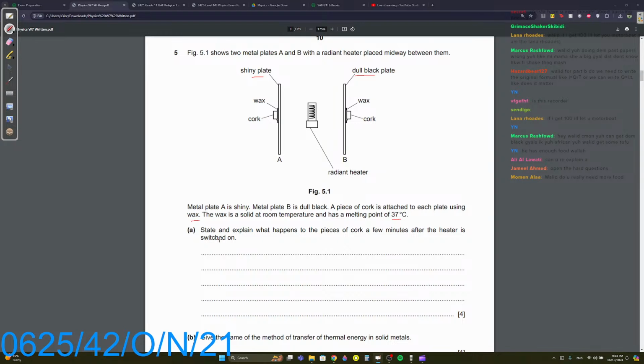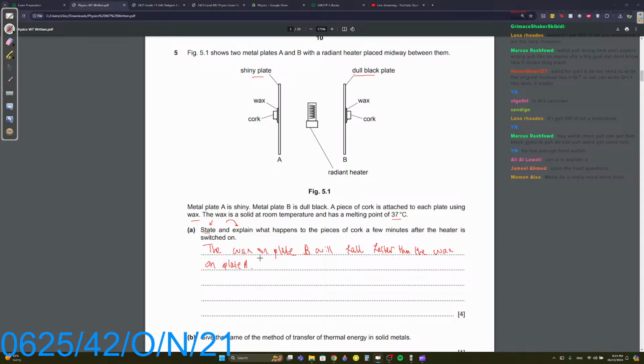So we state first: the wax on plate B will fall faster than the wax on plate A.